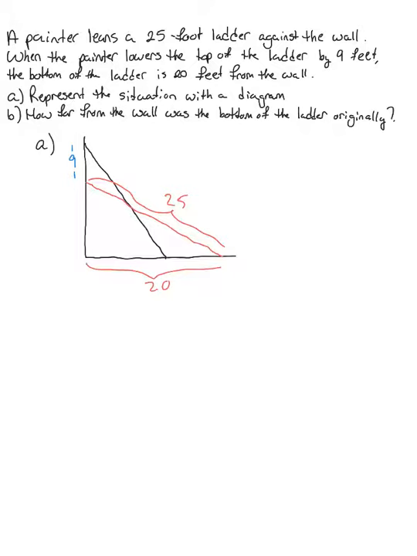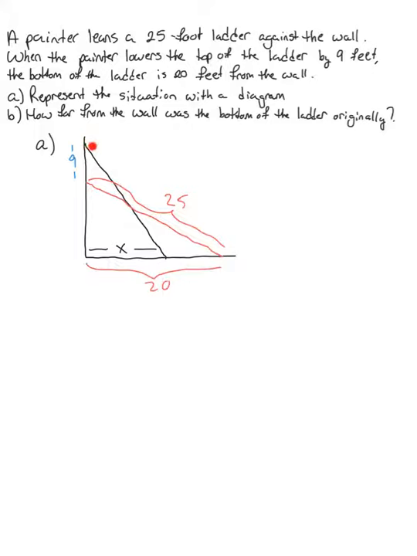So that's going to be our diagram, and the value we want to figure out for part B is how far from the wall was the bottom of the ladder originally, and that is this length here. We want to figure out that x. So the way we can think about it is, because this length here is 25 feet, that's the length of the ladder originally, and the length of the ladder hasn't changed.